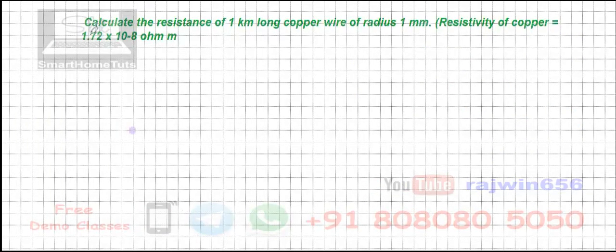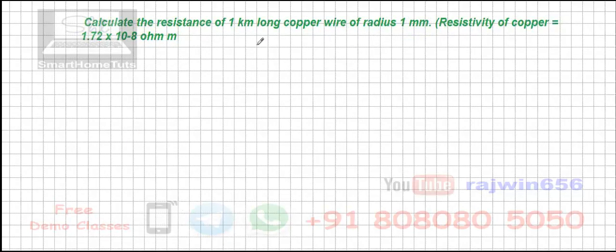Okay, this is the next question. Calculate the resistance of 1 kilometer long copper wire of radius 1 millimeter. It's a circular wire whose radius is given 1 millimeter and resistivity of copper, that is rho, its value is 1.72 multiplied by 10 raised to minus 8 ohm meter.